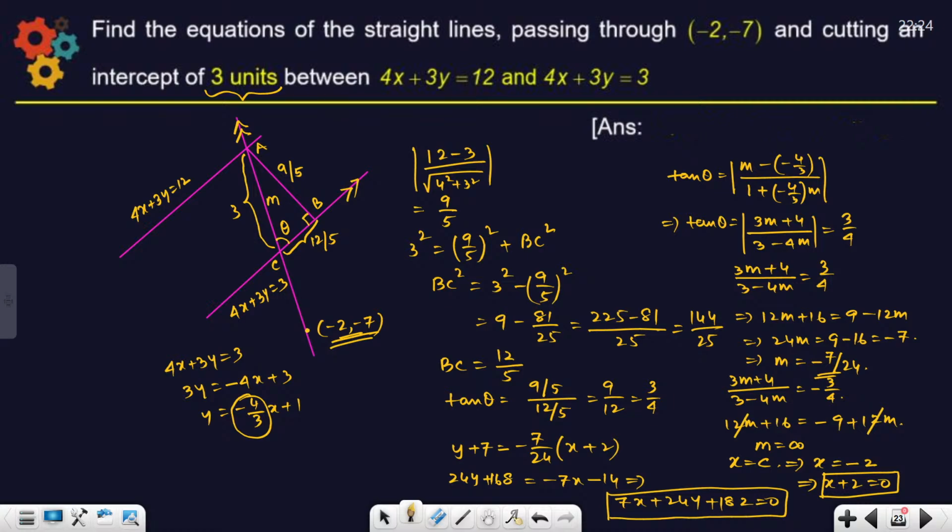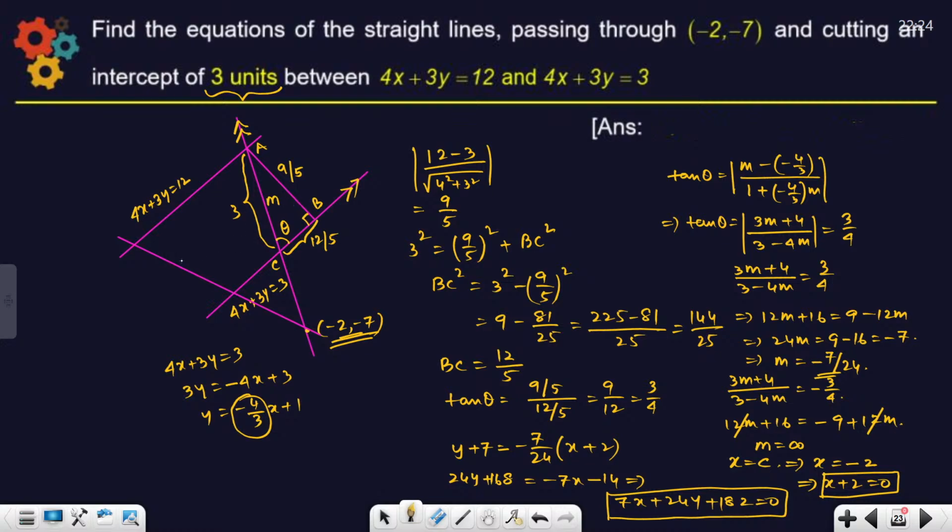Why two equations came? Because there are two possibilities. One line can go like this. The another line can go like this also. Okay. Just 1 second. Okay.